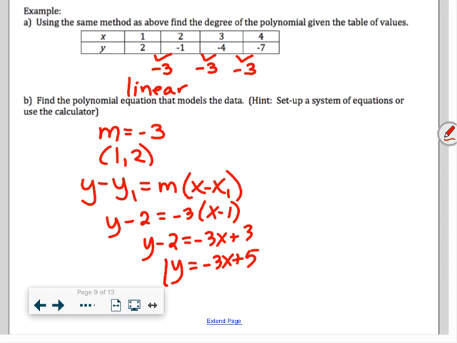And here's my equation. Y equals negative 3x plus 5. All right, you guys try the next one that says problem 1. Find the degree by doing the differences. Then come up with the equation.